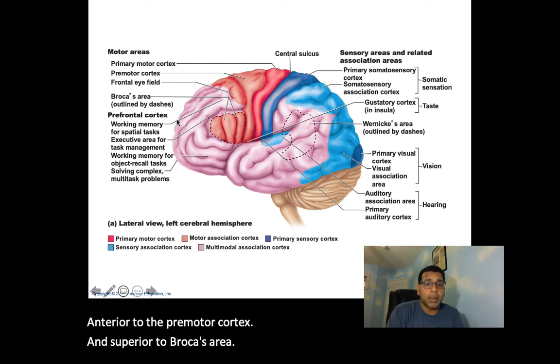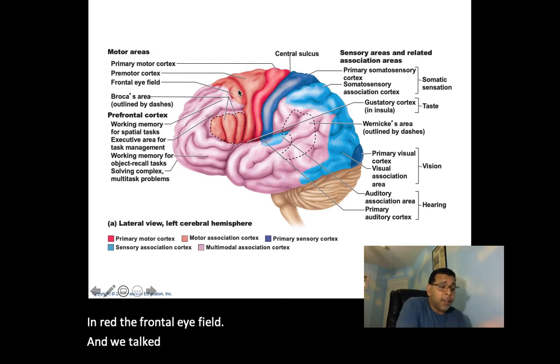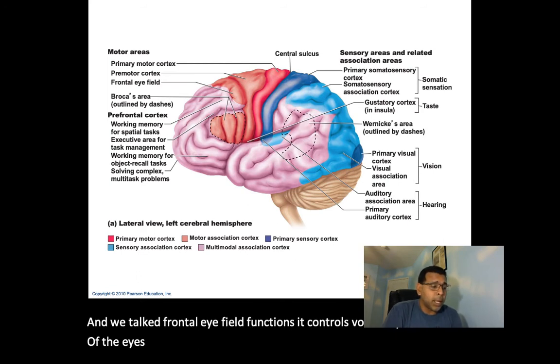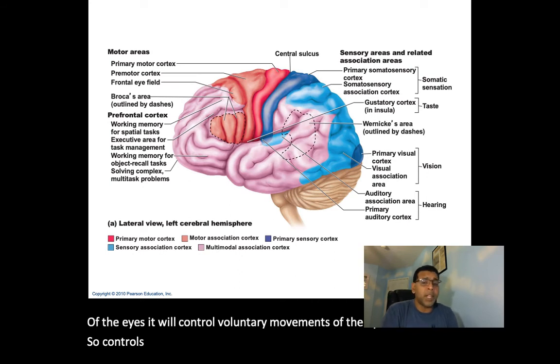Here you can appreciate it in red. Frontal eye field function: it controls voluntary movements of the eyes.